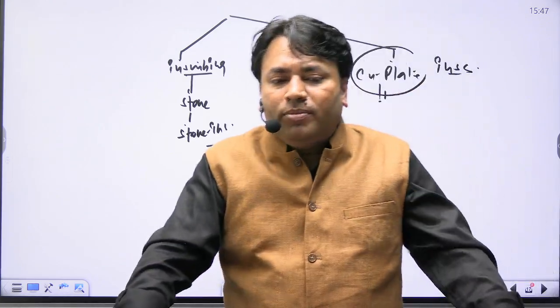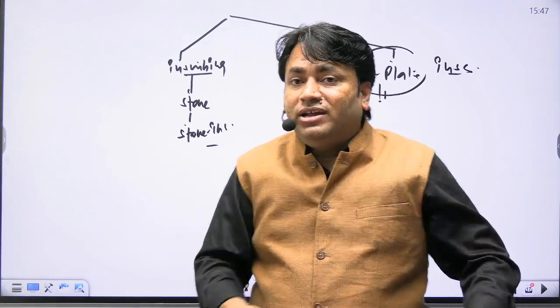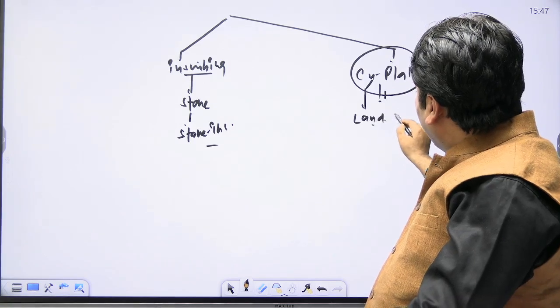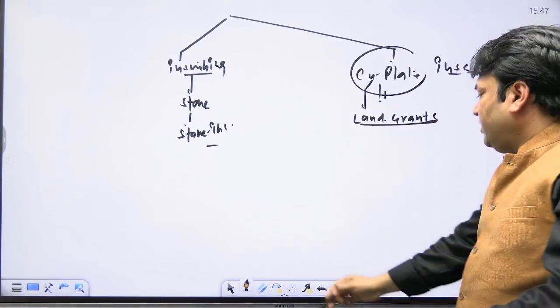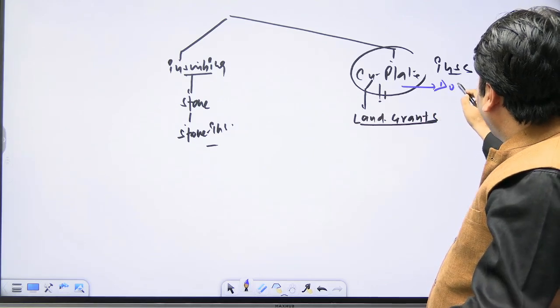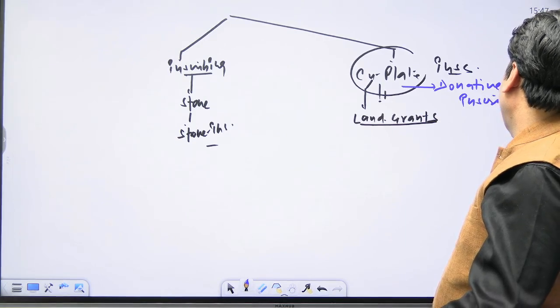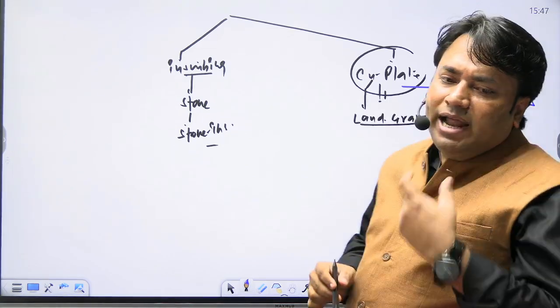These copper plate inscriptions were mainly used for land grants. So we can say that they were donative inscriptions, mainly used for land grants.